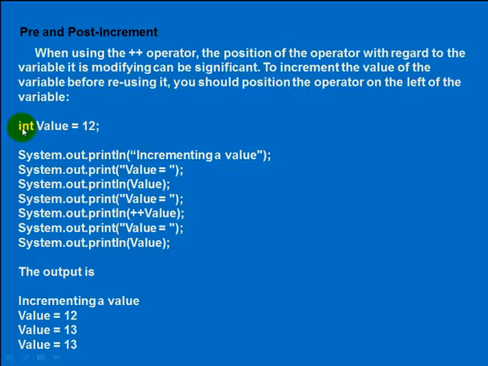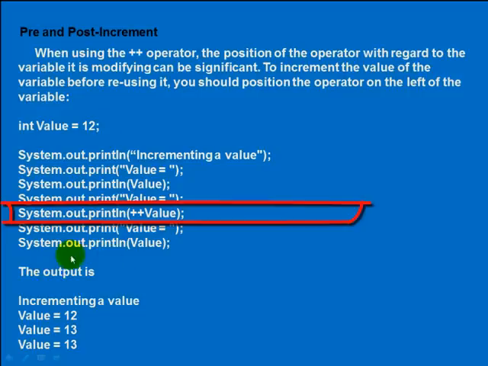For example, we have int value equals to 12, same statement. Now we have applied this plus plus operator on the value, but it is pre-increment, meaning this operator is applied before the variable.